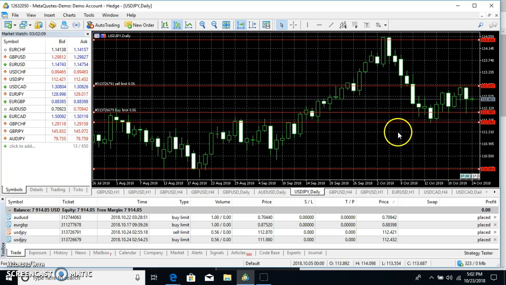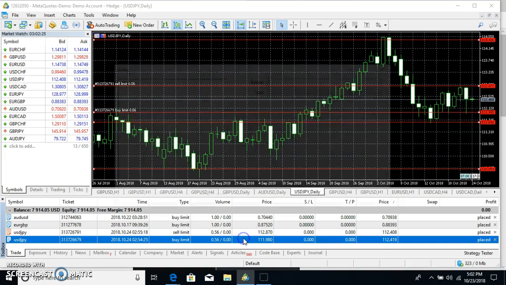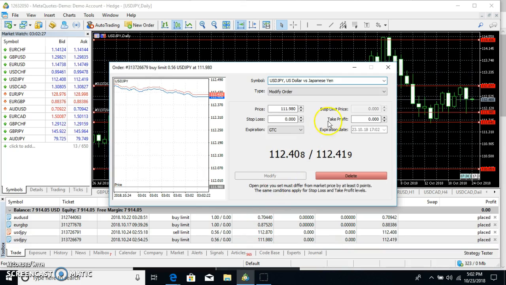I actually probably maybe would do it up, in about this area, 111.31. Gives you enough time. So you take that Japanese buy, and do the stop loss at 111.30.